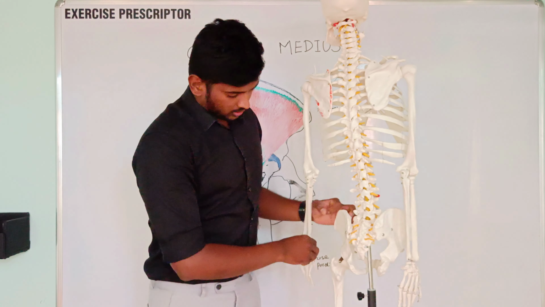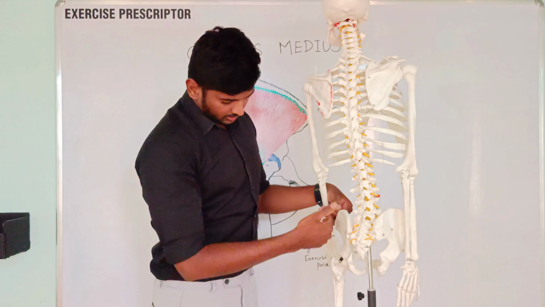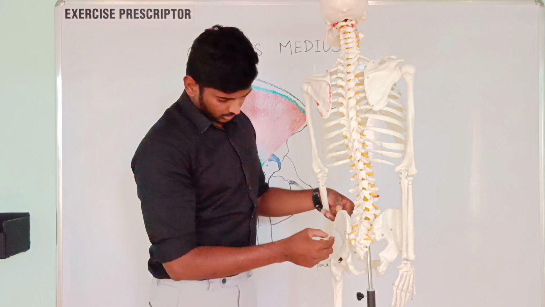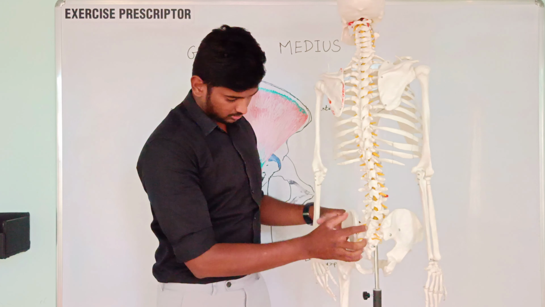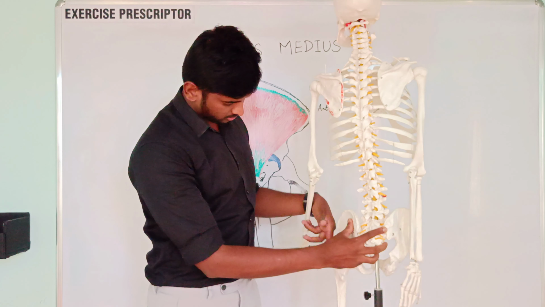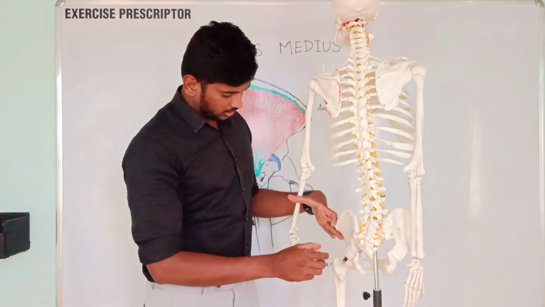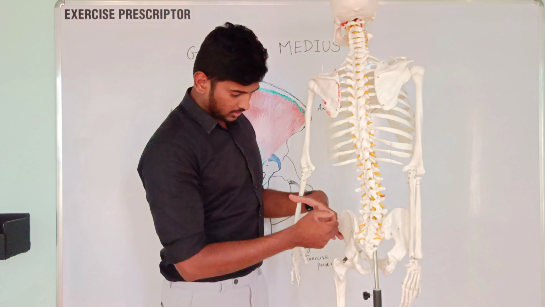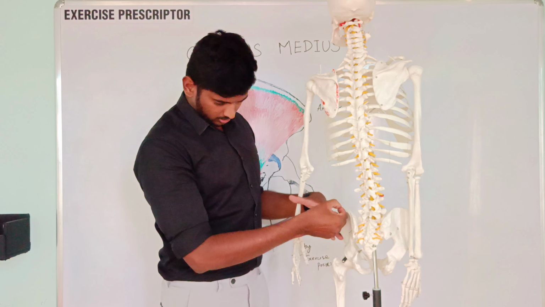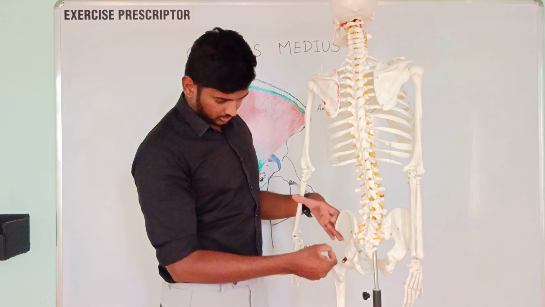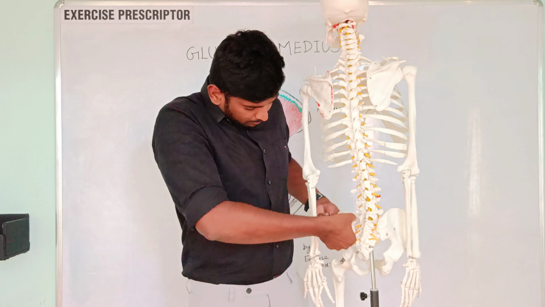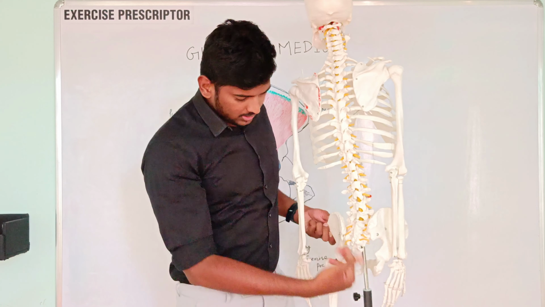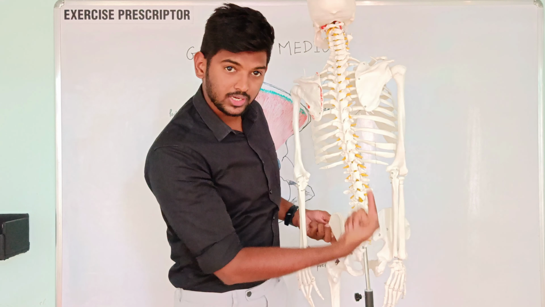Look at here. Here is the Gluteus Medius attaching. If I pull this muscle fiber in the inferior direction, it depresses the pelvis on one side and causes elevation of the opposite side pelvis.